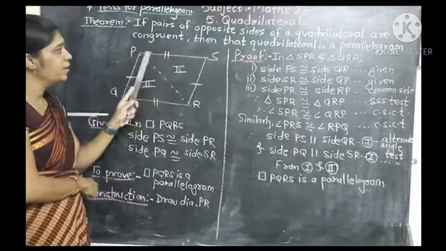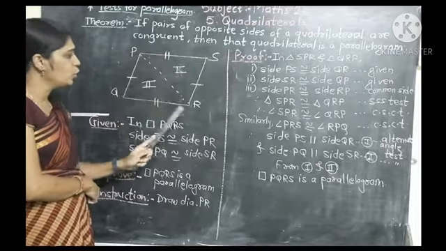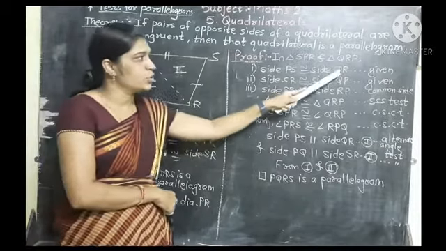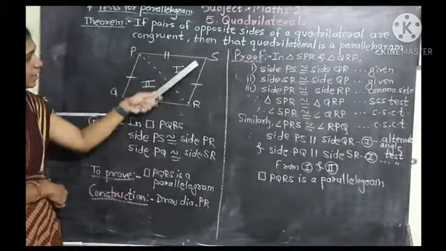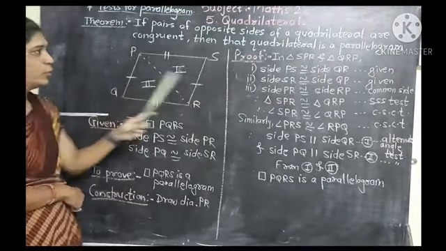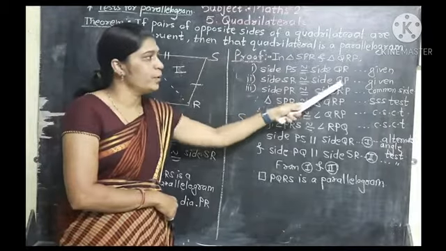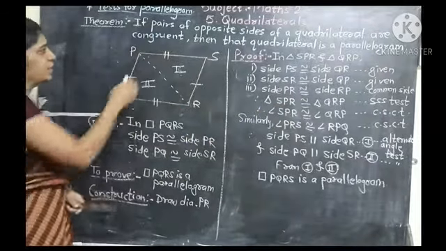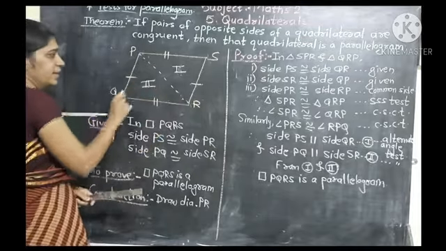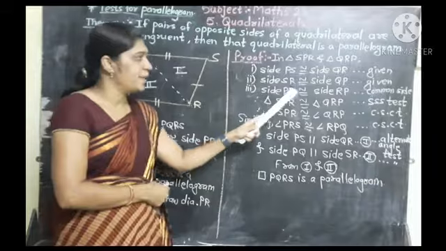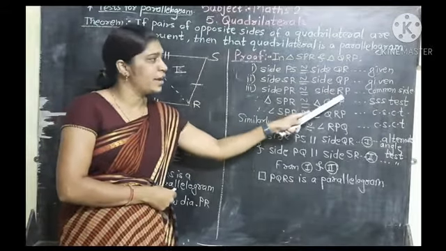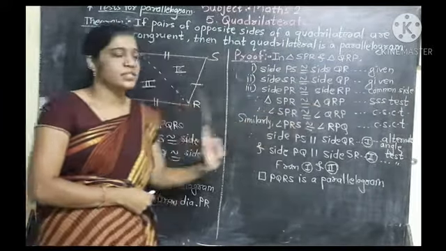PS is congruent to QR, it is given. Similarly, SR is congruent to PQ, given. And in this triangle and in this triangle, side PR is common, side PR congruent to side RP, the common side.